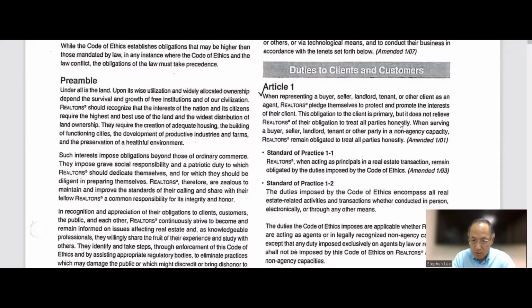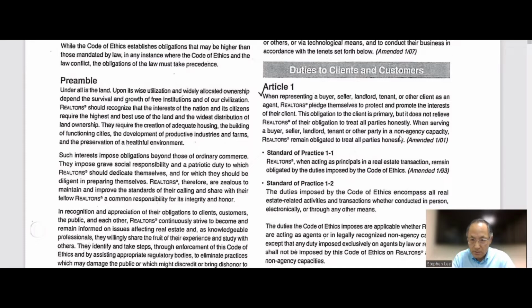This is very important, honestly. When serving a buyer, seller, landlord, tenant, or other party in a non-agency capacity, realtors remain obligated to treat all parties honestly. Well, we understand the clients, because with clients we probably have an agency capacity.